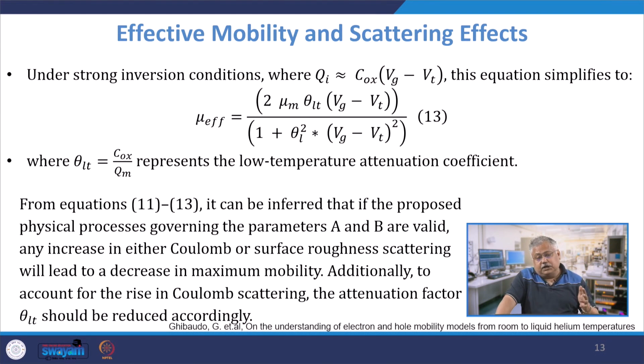This is under strong inversion condition, where the gate voltage is much larger than the threshold voltage of the device. I get mu effective to be equal to a quantity given by this equation 13. Therefore, we come to two important takeaways from this discussion: the electric field in the transverse direction is quite critical in determining the value of mu effective, and the effective gate voltage, which is gate voltage minus the threshold voltage, is an effective parameter in determining the effective mobility, in a model which takes into account all the scattering effects, Coulombic as well as phonon and roughness scattering.